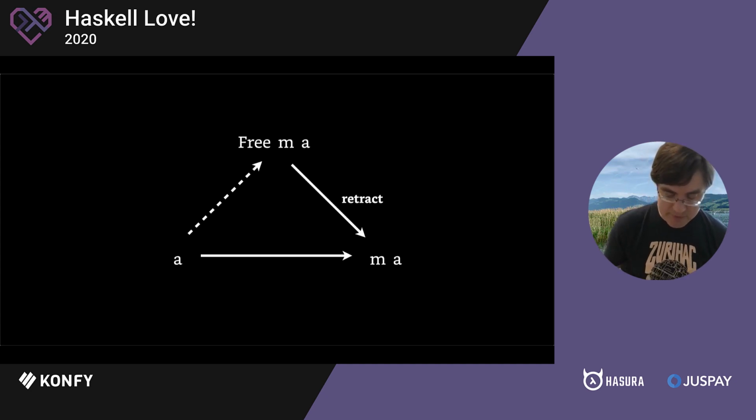So what I did is I took parsec and all of its monadic interface, and I just lifted the whole thing up into the free monad. This is a library on Hackage also, called parsec-free.